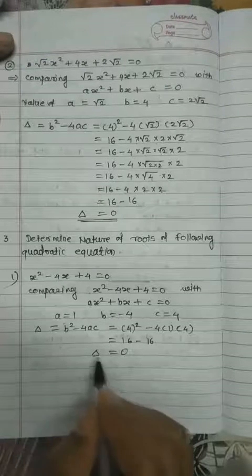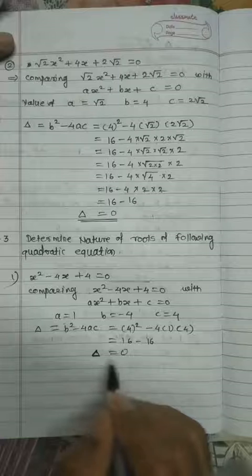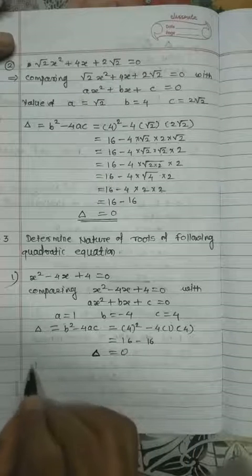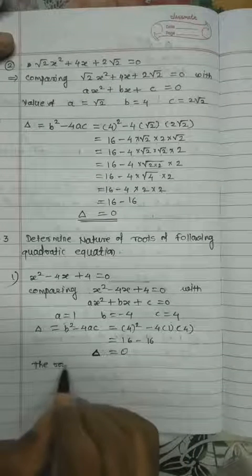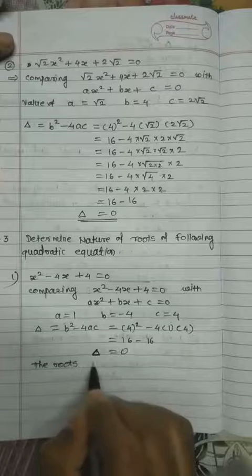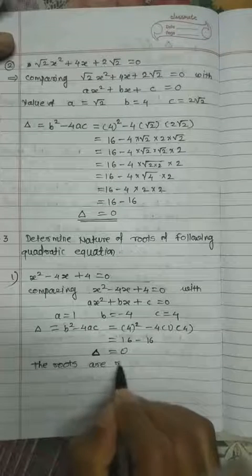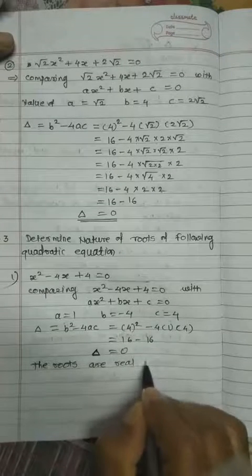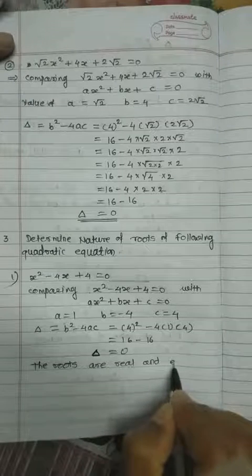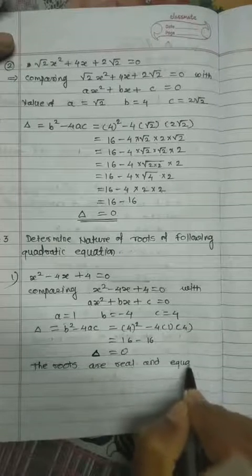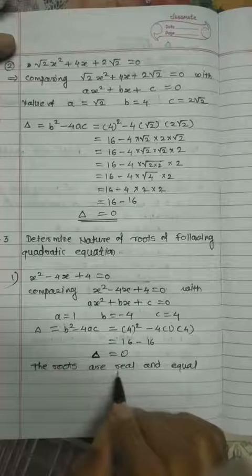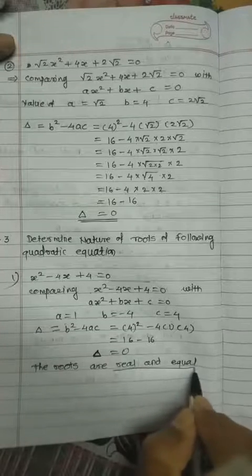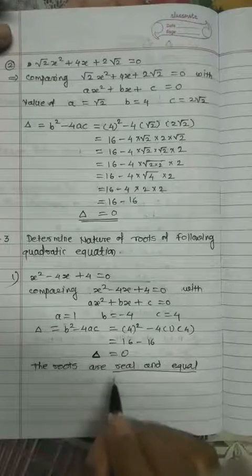The value of delta is 0, therefore the roots are how much? Real and equal form.